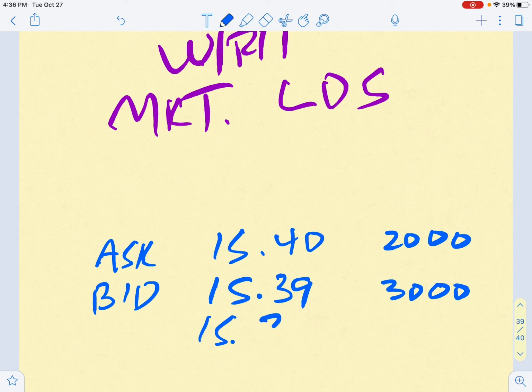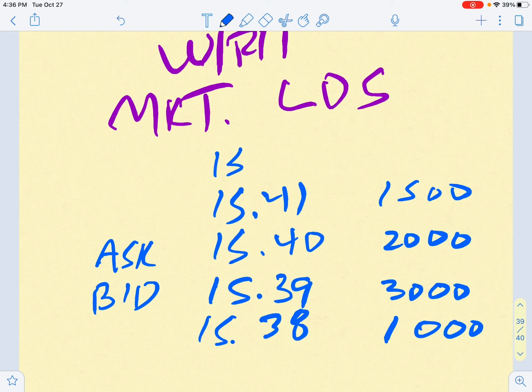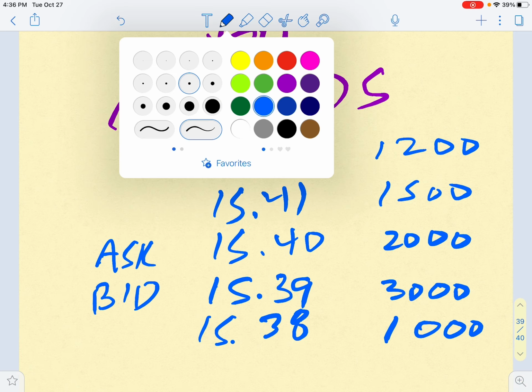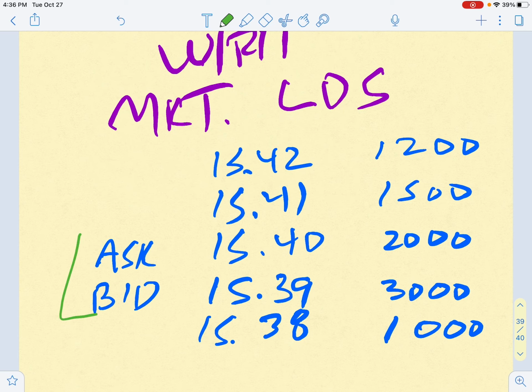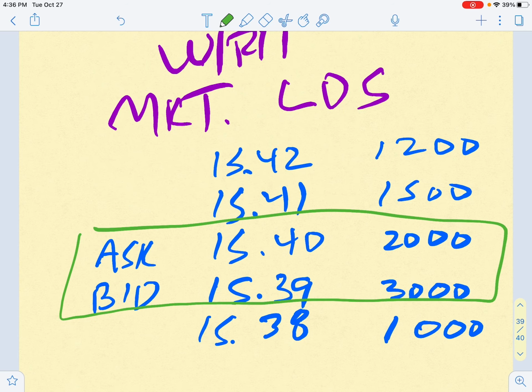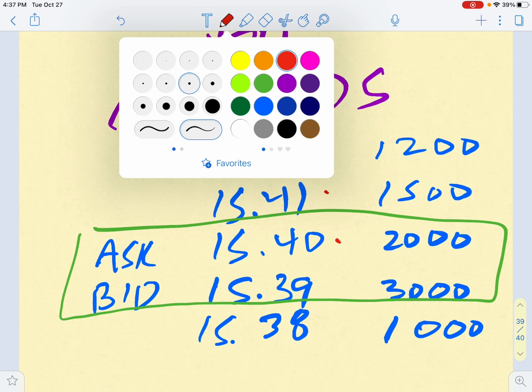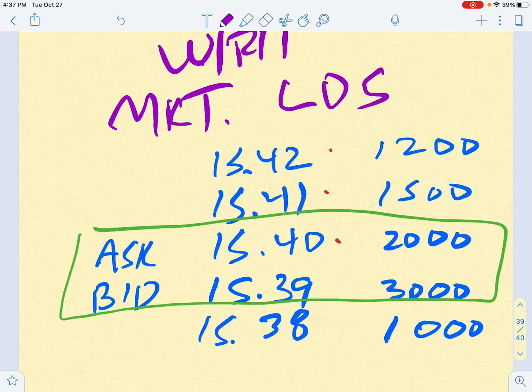There's also a 1538 down here with 1,000, and there's a 1541 here with 1,500 and a 1542 at 1,200 shares at that price, okay? Well, you know that since these are defined as the quotes, then the red dots must be indicating prices at which selling interest occurs, and the purple dots indicate prices at which buying interest occurs, okay?